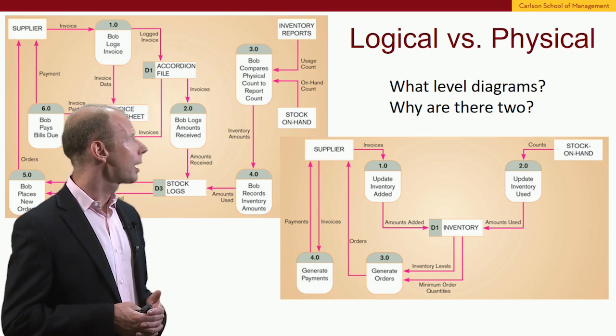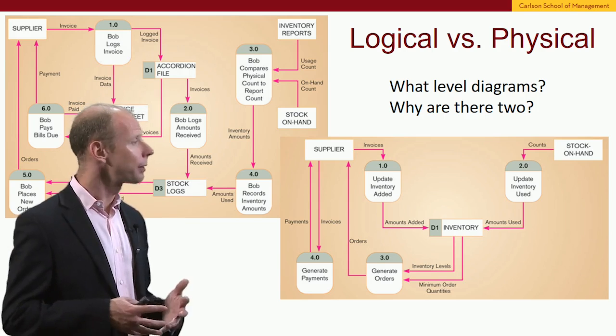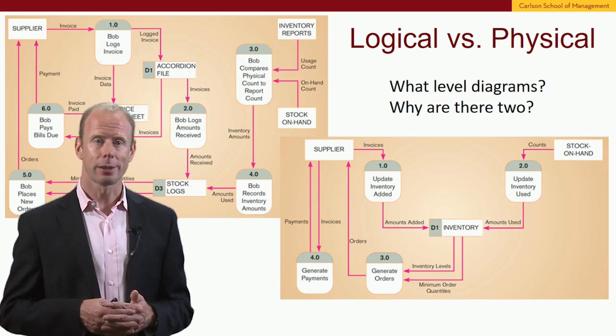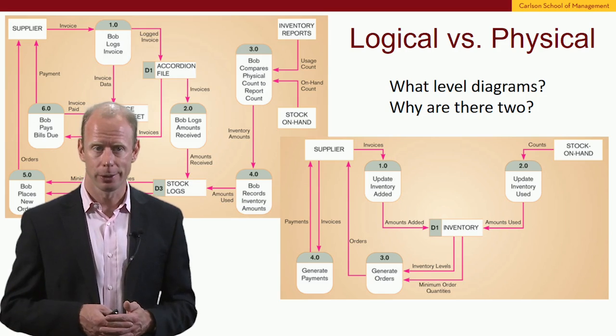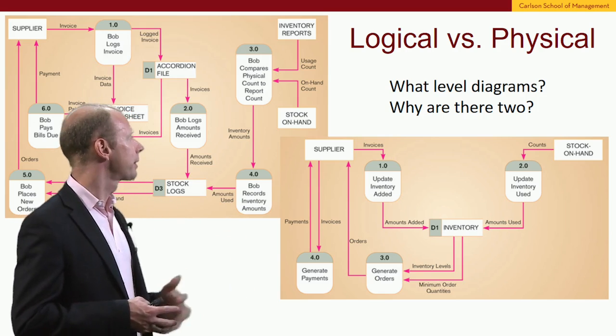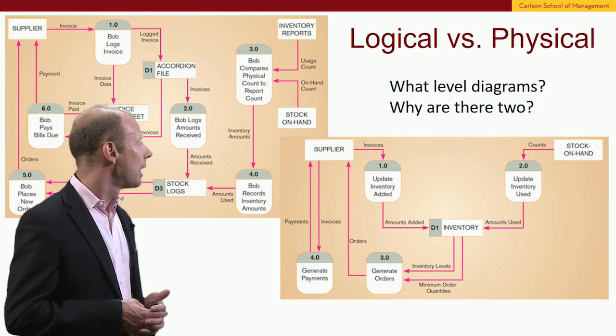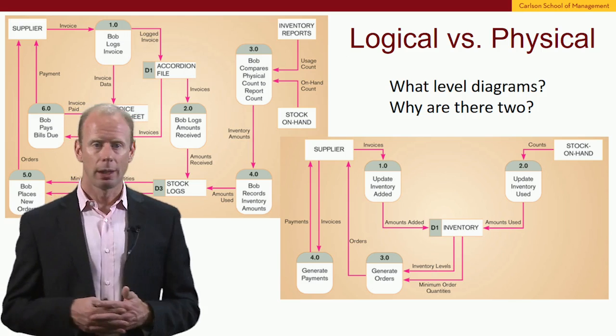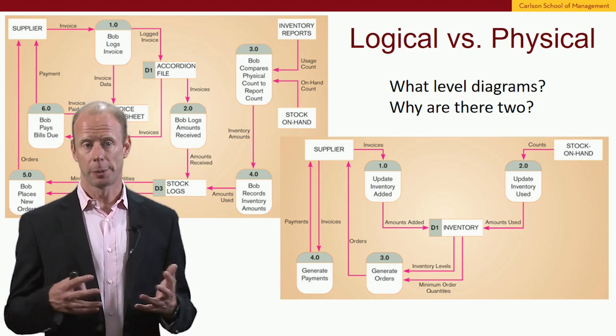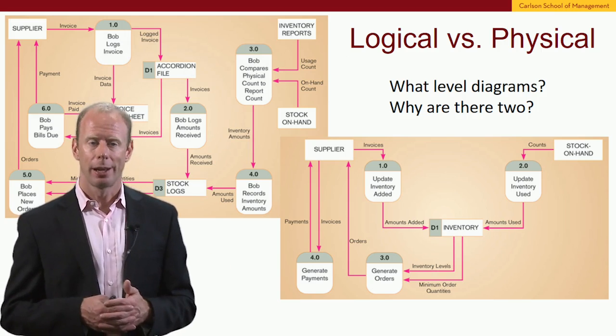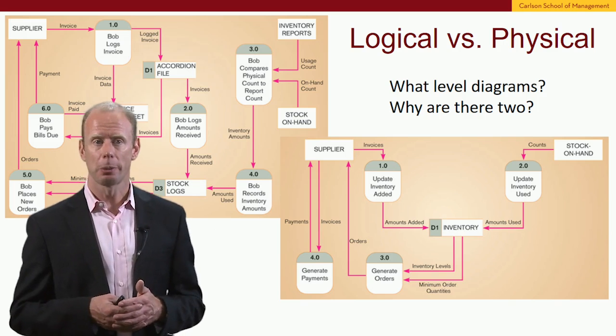You'll notice that it does not make any reference to specific physical implementations of some of the processes and the data stores. On the other hand, on the left-hand side of your screen, on the upper left, what you see here is a physical data flow diagram. This diagram often has specific names, as you can see here, as well as specific locations where we might store particular information.